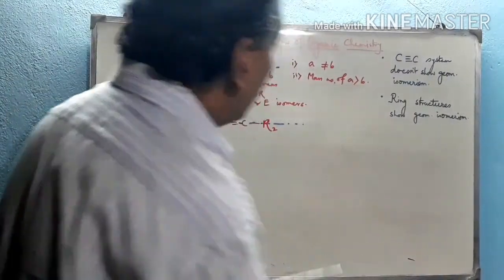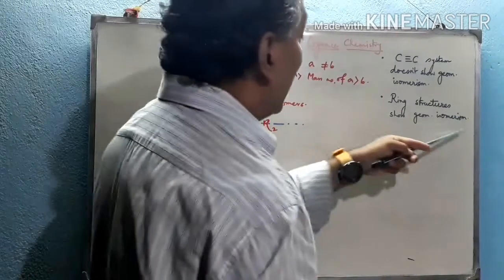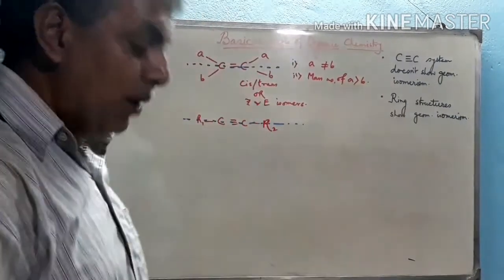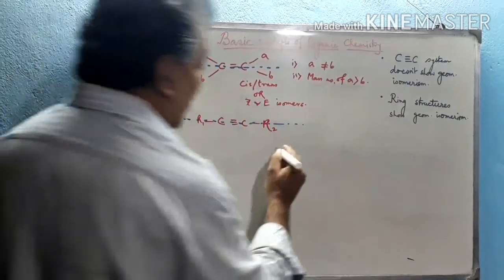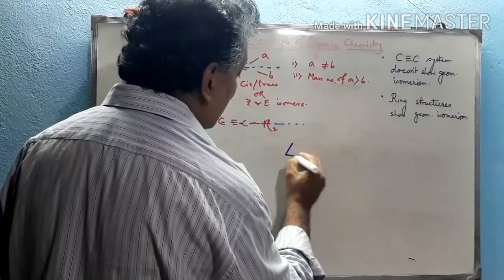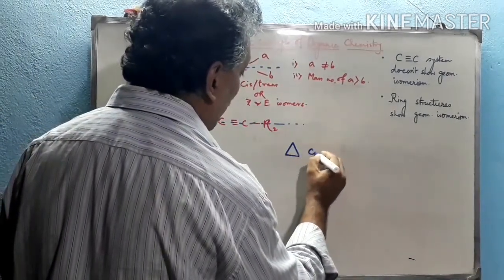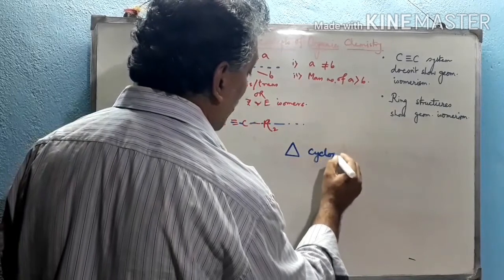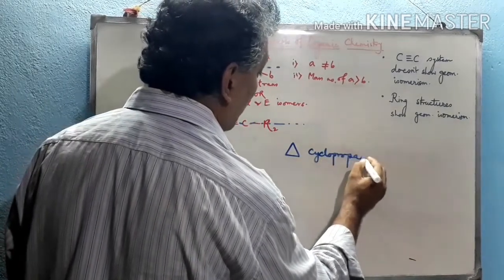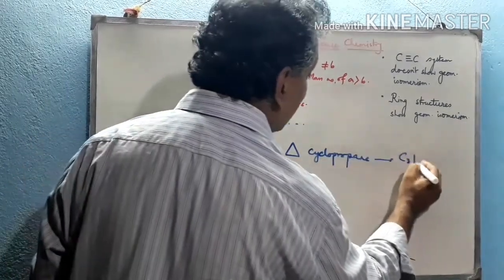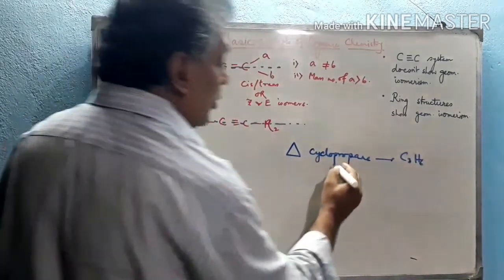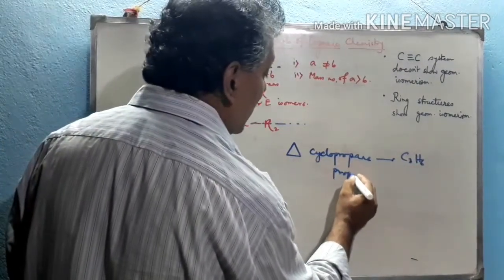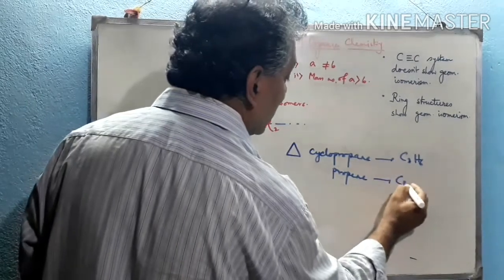Next, ring structures show geometrical isomerism. What is called a ring structure? We know that this is propene and this is cyclopropane, and the formula is C3H6. Propene also has the same molecular formula C3H6.